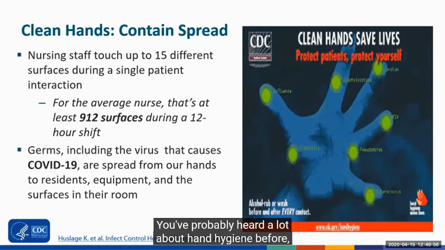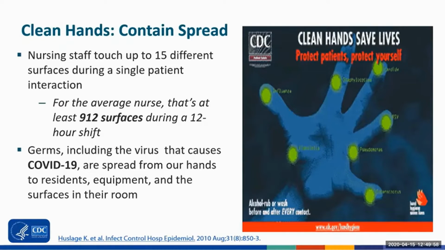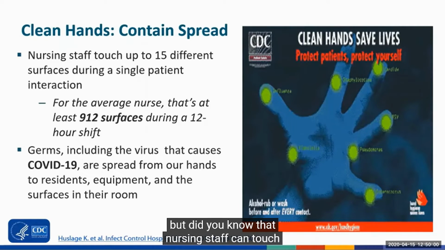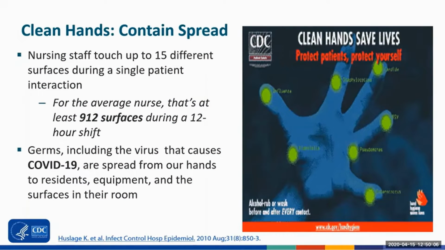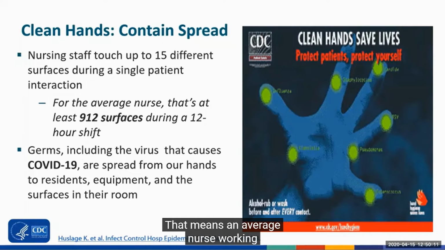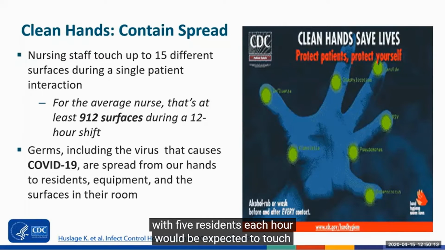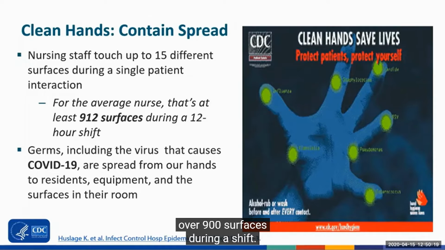You've probably heard a lot about hand hygiene before, but did you know that nursing staff can touch up to 15 different surfaces during a single care interaction? That means an average nurse working with 5 residents each hour would be expected to touch over 900 surfaces during a shift.